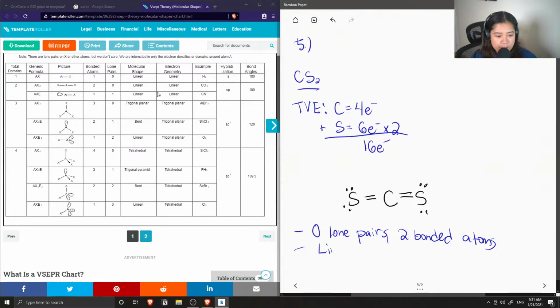And also its electron geometry is linear as well. So there is some electronegativity difference between carbon and sulfur, but even then, because of its symmetrical shape, these electronegativity differences would cancel each other out. So therefore, this is a nonpolar molecule.